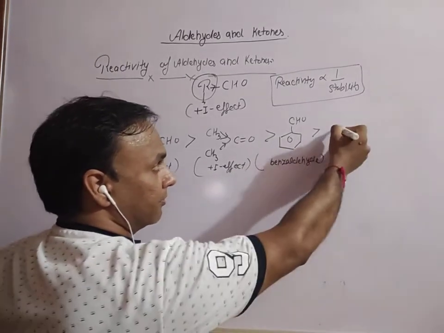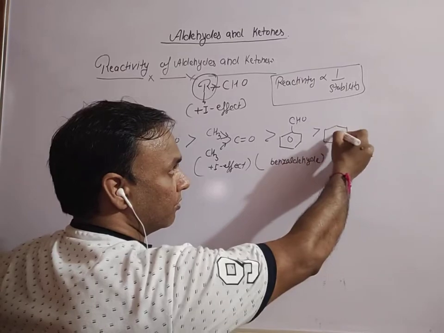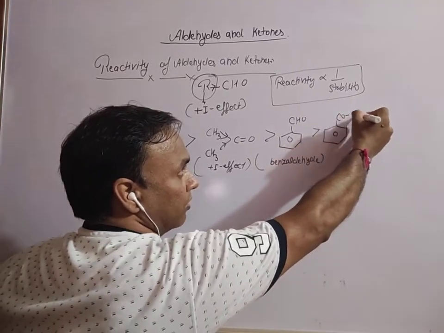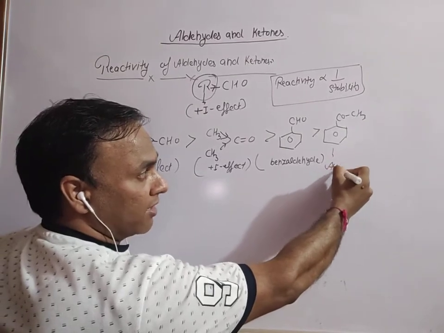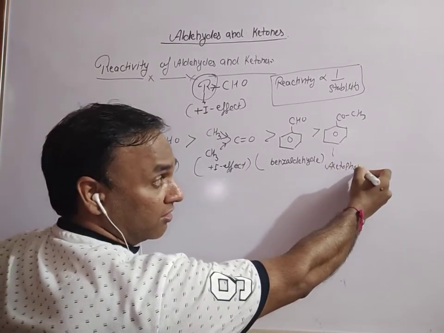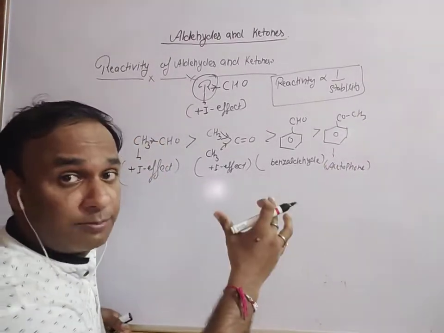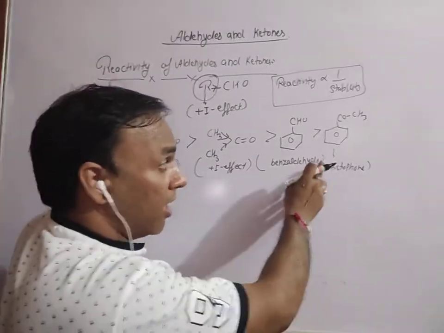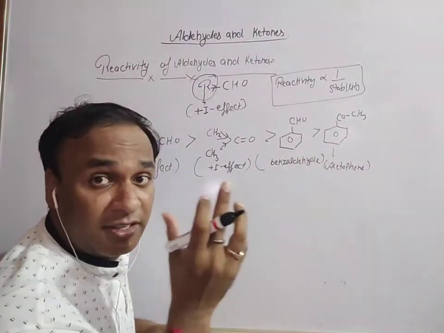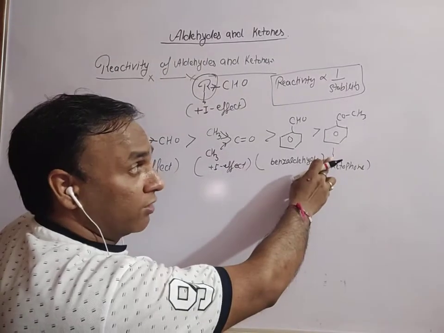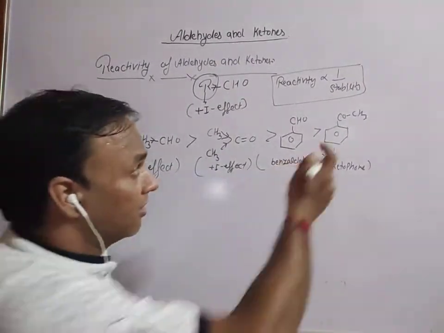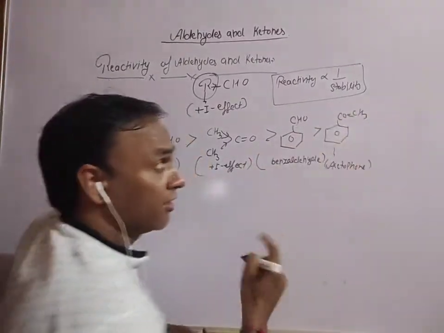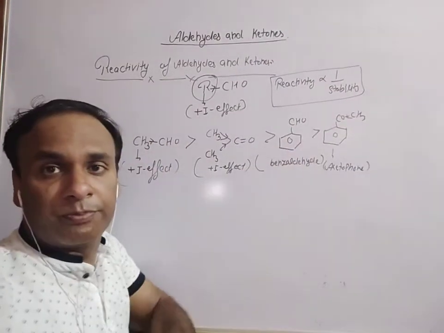Now C6H5COCH3, the name of this compound is acetophenone. You have to learn the name of this compound, because this is very important. The reactivity of this compound is explained on the basis of the resonance factor of benzene as well as the inductive effect through the methyl group.